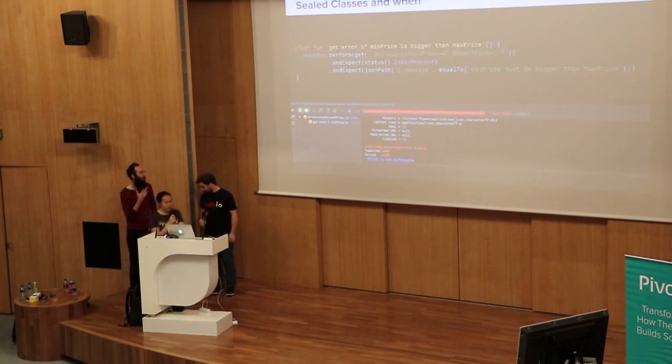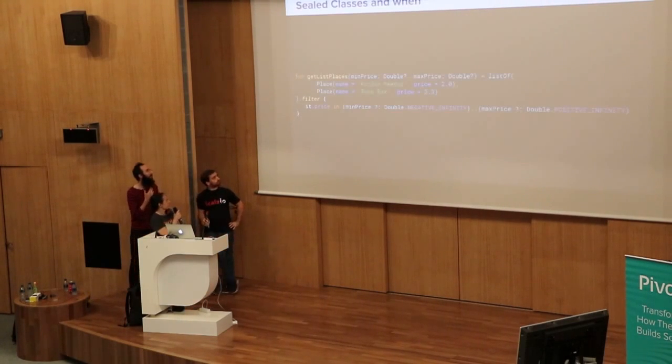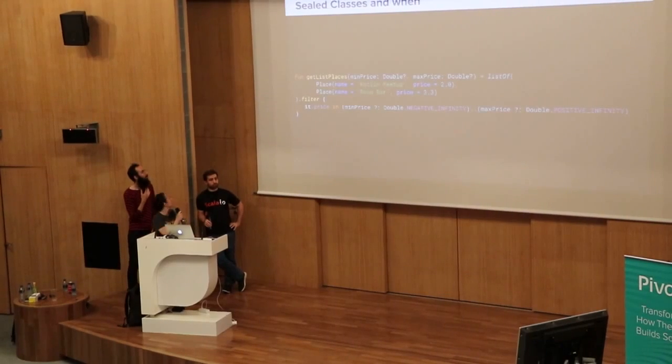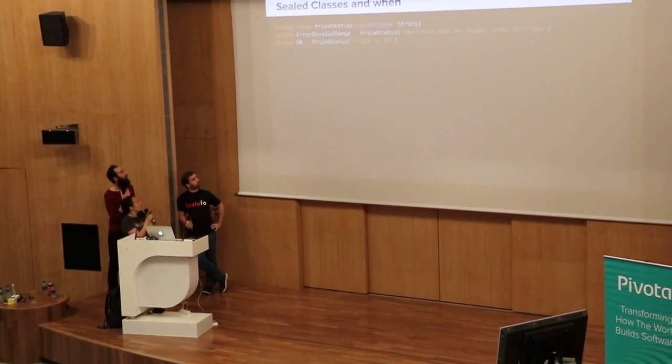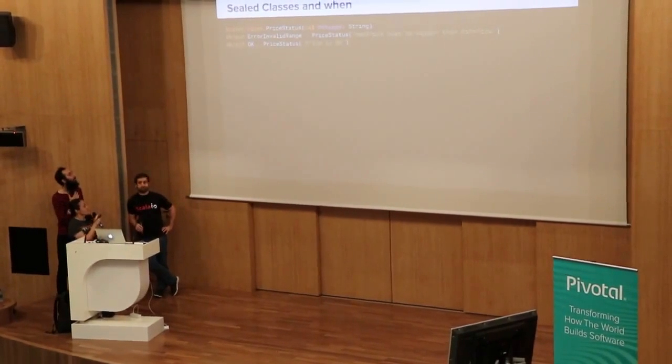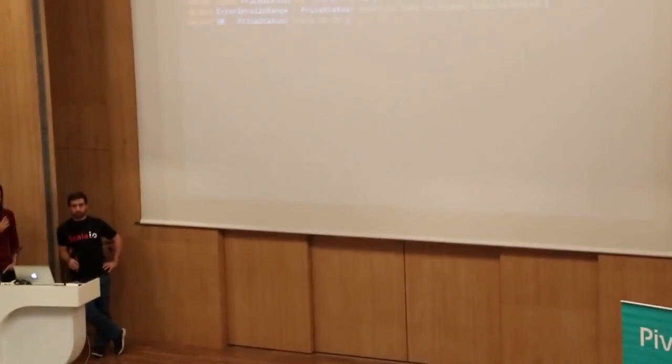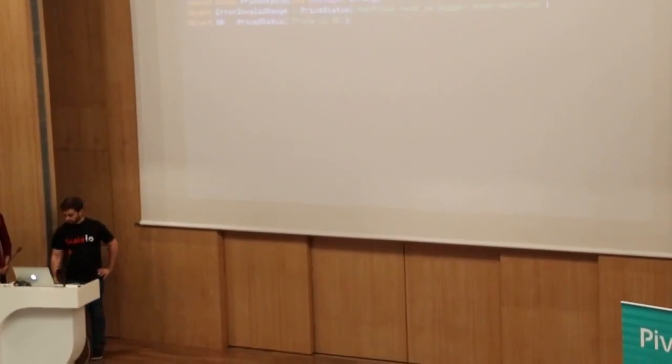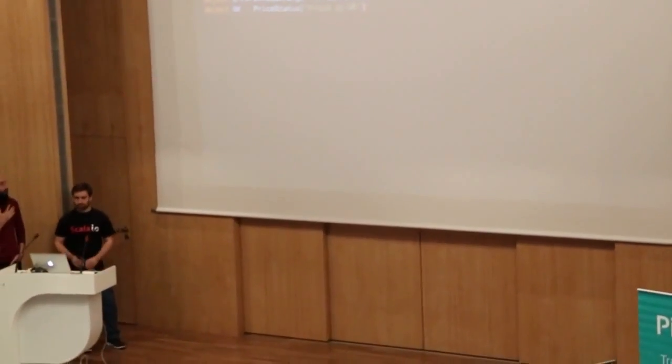Cool. And now we are going to pass to the implementation. So what we did first, we are going to refactor to a function, so keep in mind that. And then we are going to make a sealed class. Sealed classes in Kotlin are something you can use to define, for example, states.